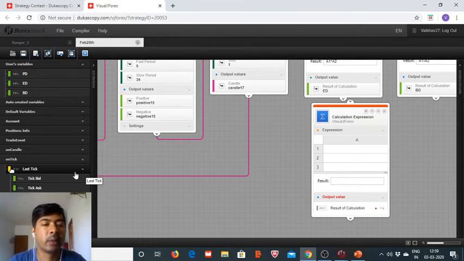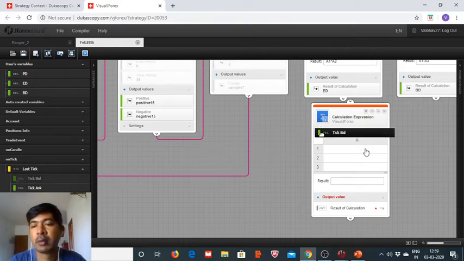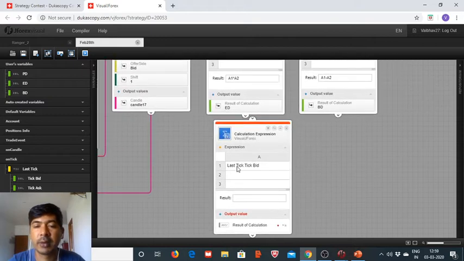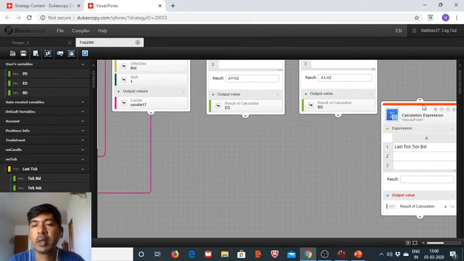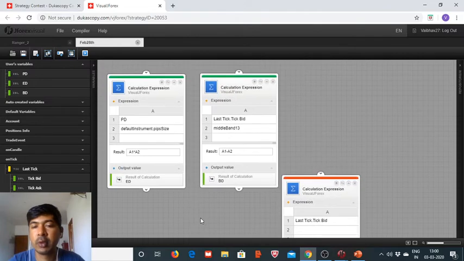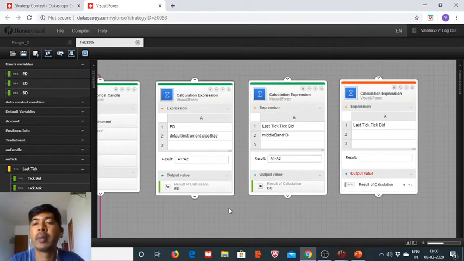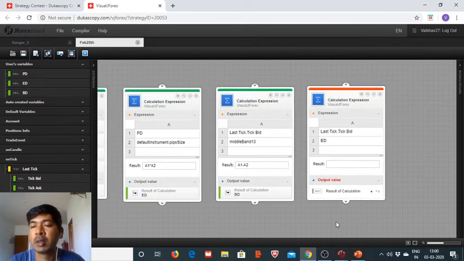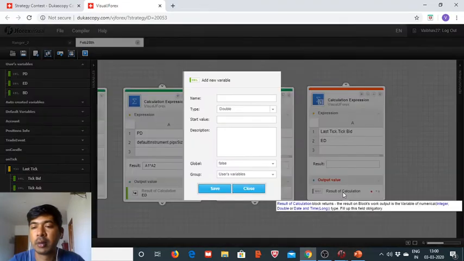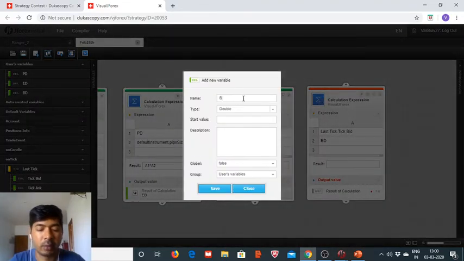So here last tick bid, and we will do this subtraction, last tick bid minus 10 pips. So suppose if the last tick value is more than 10 pips away from the middle band, that is higher than the middle band by more than 10 pips, then we will subtract this 10 pips from the last tick price, and we will place a pending order, and we will name it as BE.